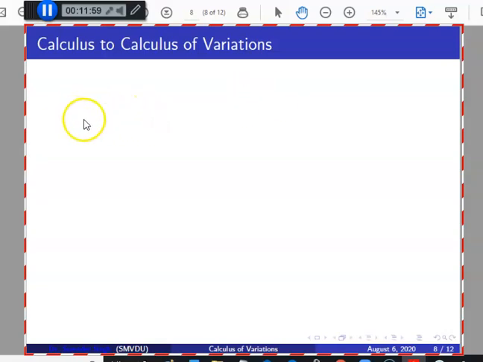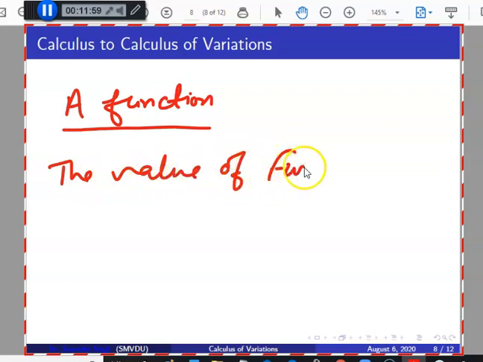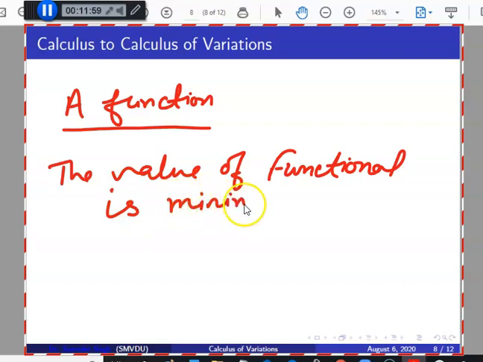So here we find a function at which the value of the functional is either minimum or maximum.